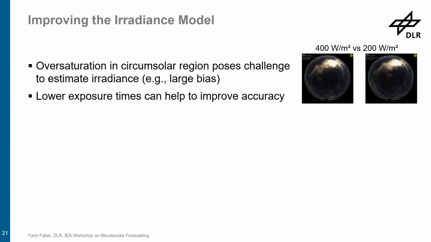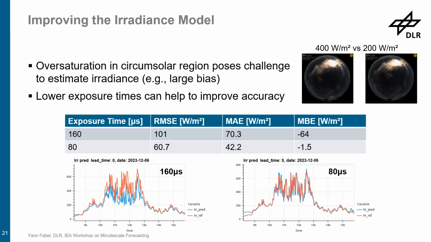What we now want to do is to lower the exposure times in order to lower the amount of oversaturated pixels. And just to give you an example, we trained the same model with the same configuration. So everything is the same, just the images. On the left plot you can see the images with a 160 microseconds resolution, and on the right an 80 microsecond resolution.